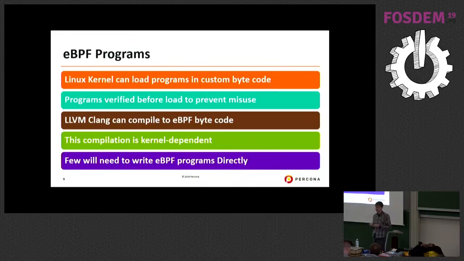What is interesting in this case is that the compilation tends to be kernel dependent, and that is why the installation of eBPF is a little more involved in a lot of cases. But the good thing about LLVM is that few of us would actually need to write eBPF programs directly.